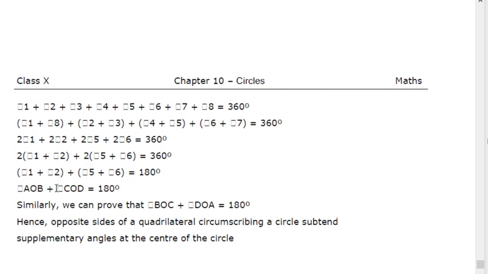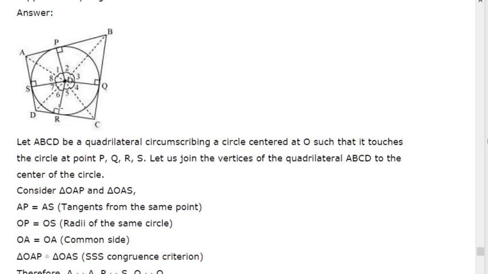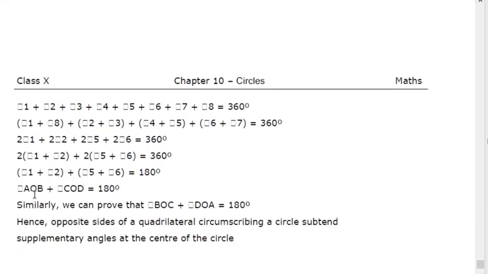Okay, now you divide by 2 and you will get 180. After that you say angle 1 plus 2 is AOB, and 6 plus 5 is DOC. Okay. Now you see that the sum of these two angles is 180. It means these both are supplementary angles. Okay, thank you.